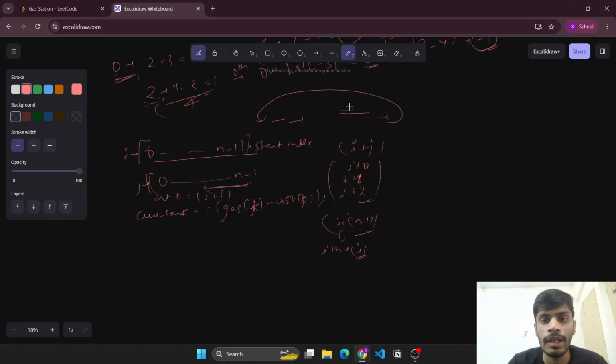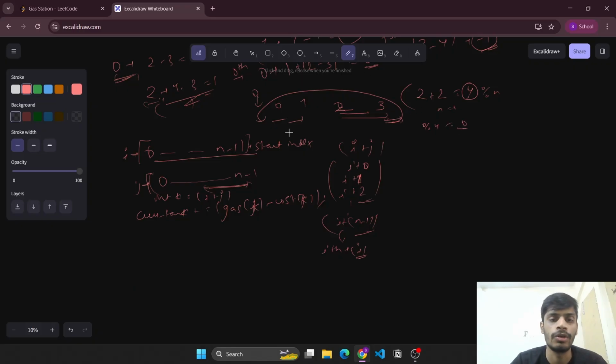Suppose i was 2 and j was 2, so if we want to move 2 steps forward, 2 plus 2 will give 4, but this index does not exist. So to represent this 4 as 0 here, we need to take it modulo n. So n here was 4 because 0 1 2 3 has 4, so 4 percent 4 will give us 0.